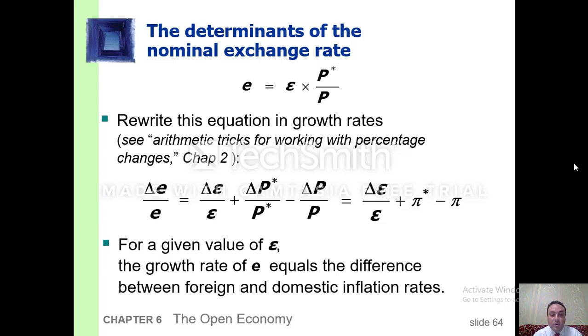So for a given value of the real exchange rate, the growth rate of the nominal exchange rate equals the difference between the foreign and domestic inflation rates.